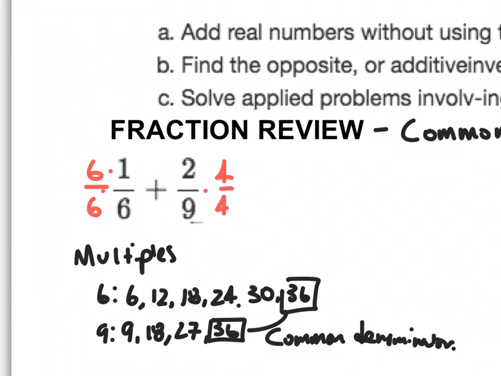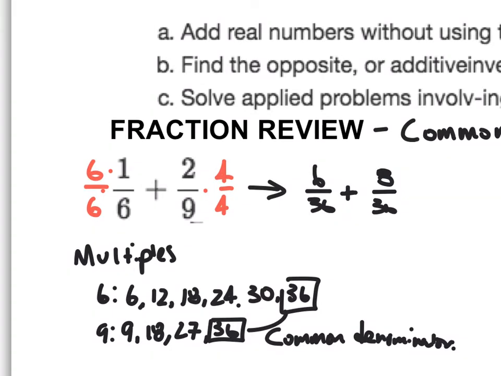So if we do this math, 6 times 1 is just 6, and 6 times 6 gives me 36. So I'm going to put 6/36, and then add that to what we do over here. 2 times 4 gives me 8, so I've got 8/36.